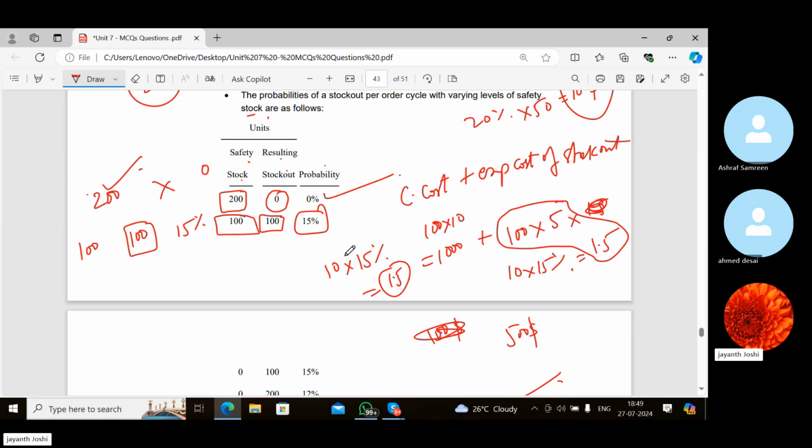You're going to face stock out. So if 10 times the company orders, 15% is the chance of stock out, so the number of stock outs will be 1.5 times.